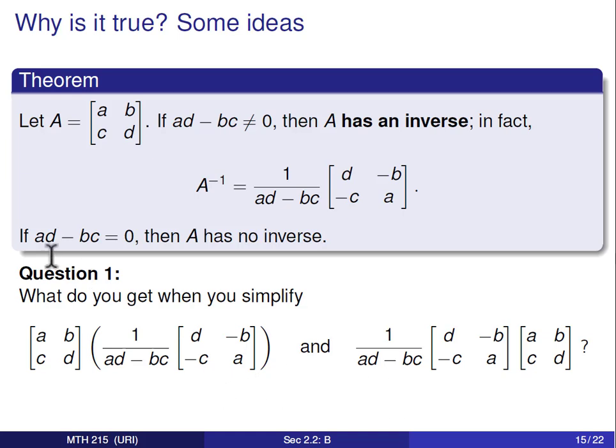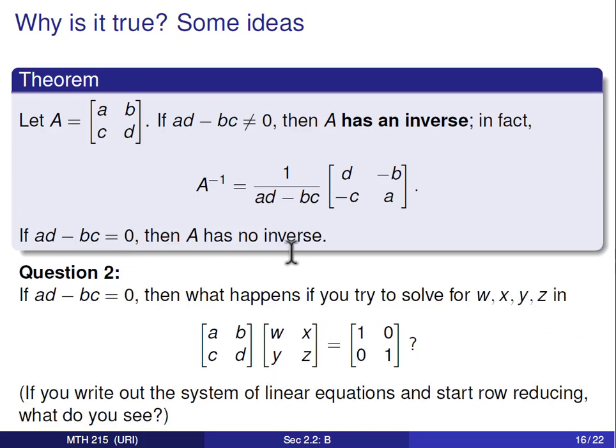On the other hand, we know that if AD minus BC equals 0, then we claim that there is no inverse. To do that, I'm going to suggest that you try to do something similar to what we did in the prologue video. What you might do is multiply by this unknown matrix W, X, Y, and Z. See if you can find out what this should be in order to create the identity matrix.